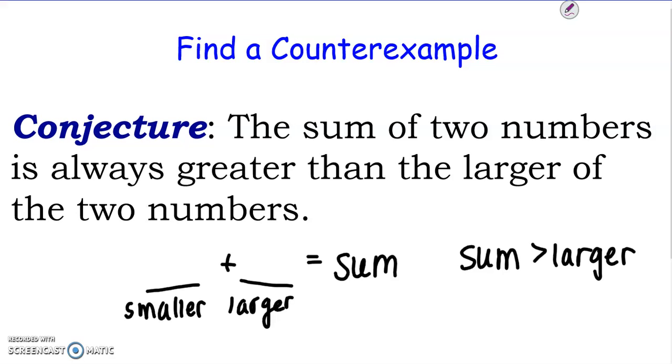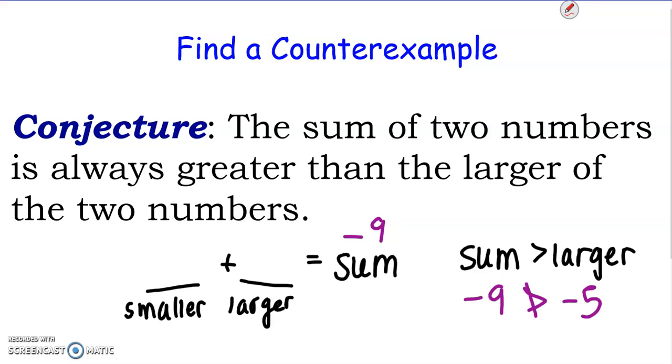Okay, if we take any two negative numbers, like -4 and -5, and add them together, that's going to give me a sum of -9. Well, -9 is not greater than the larger number of -5. And actually, let me back up a second, because -5 is not larger than -4.